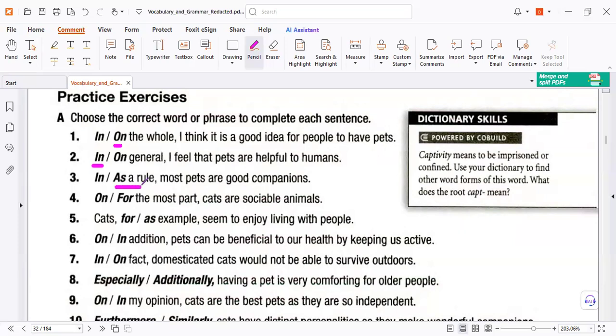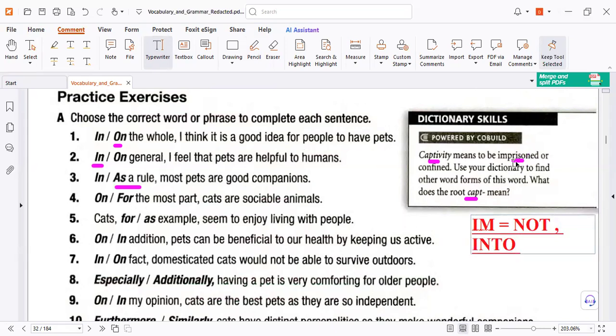Okay. Here we have a confusing word, captivity. If you keep something or someone, you put him or her or it in prison. Yes, as I told you, sometimes it means not, and sometimes it means into.